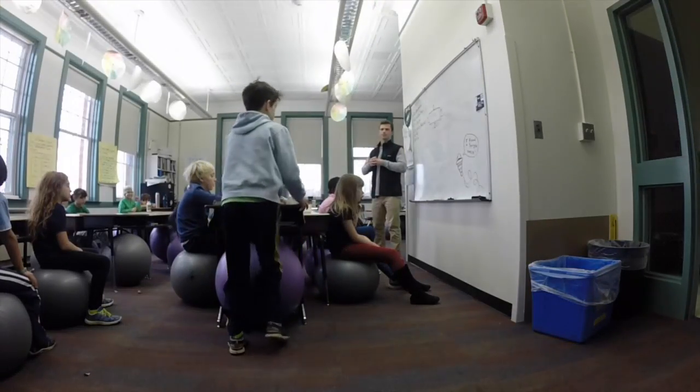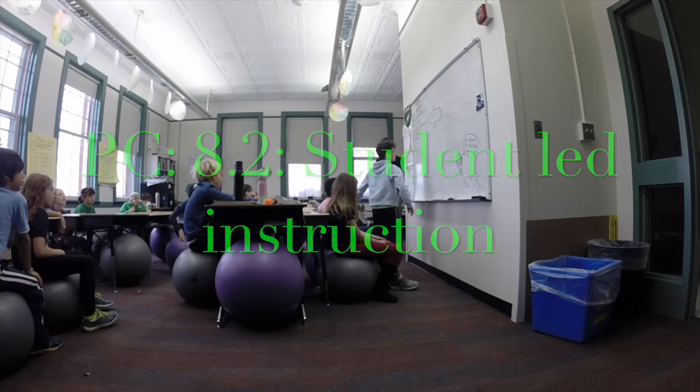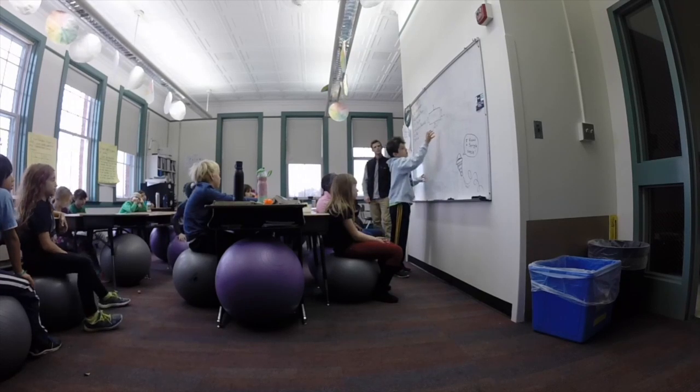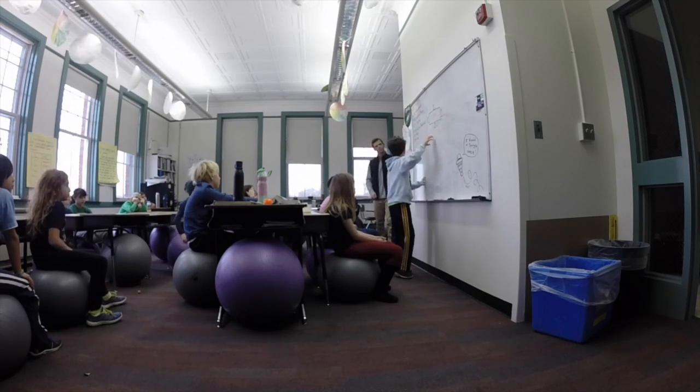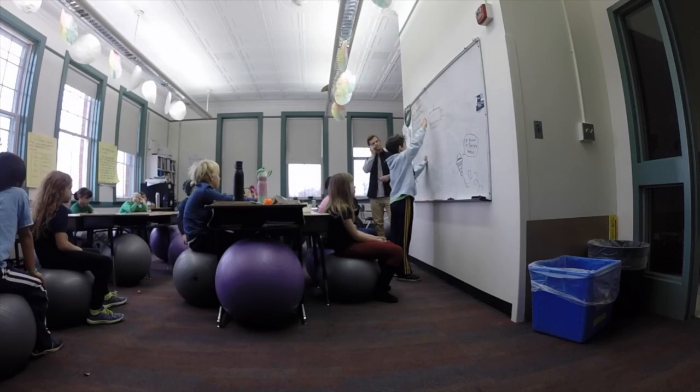So Matthias, why don't you explain area to us? So area is the space inside a shape. So the area for this would be, say these are inches, 2 square inches, because you multiply the top by the sides.